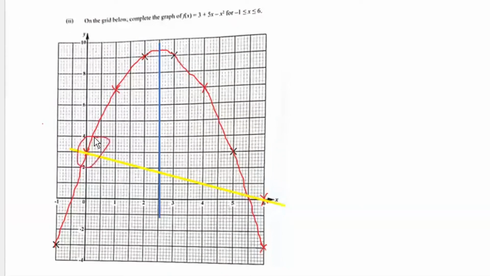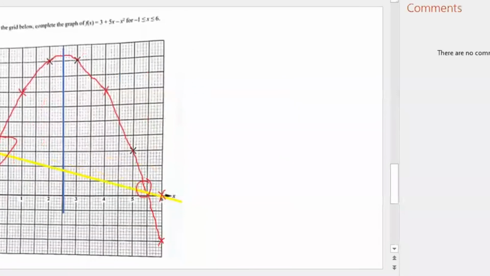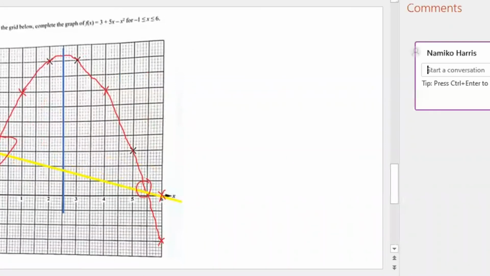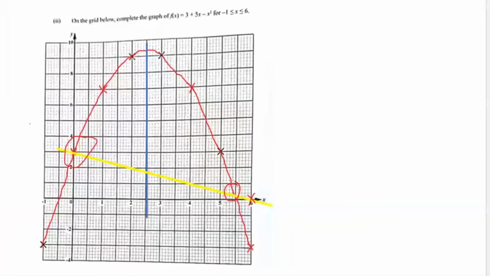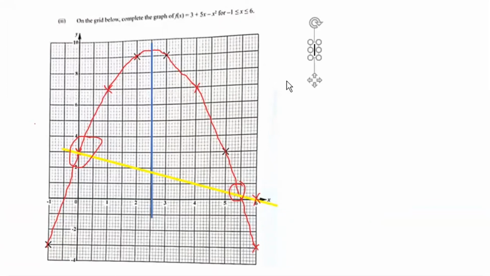So that would be where the solutions of the graph are.